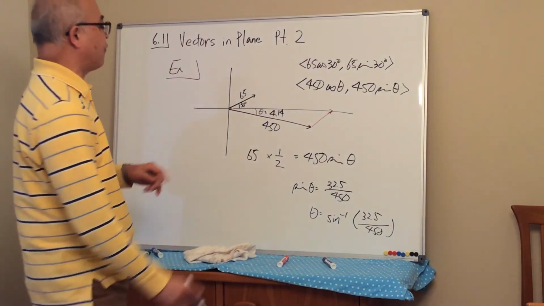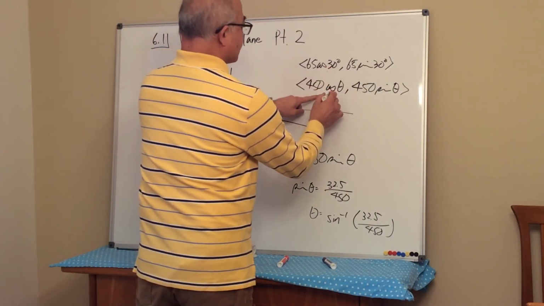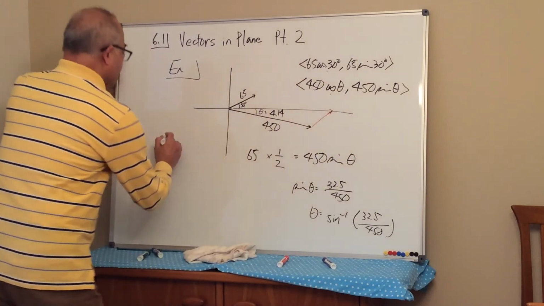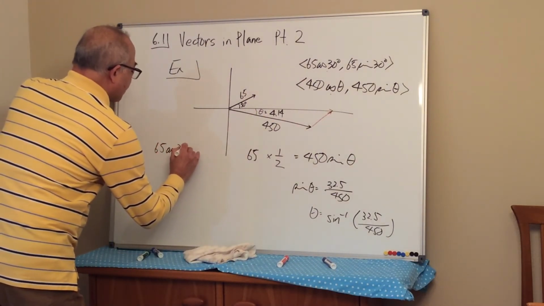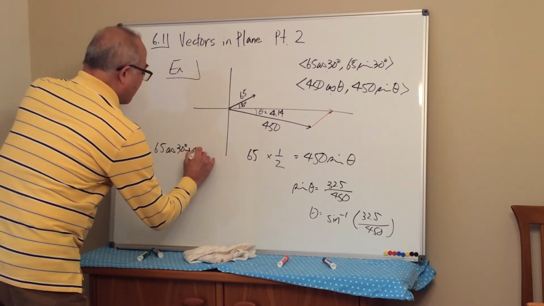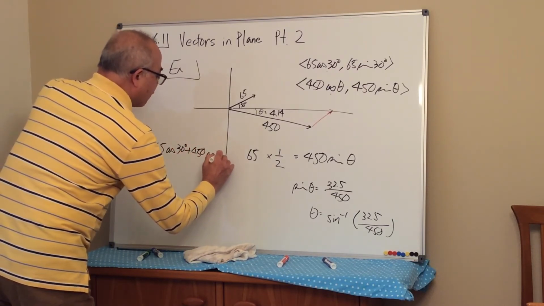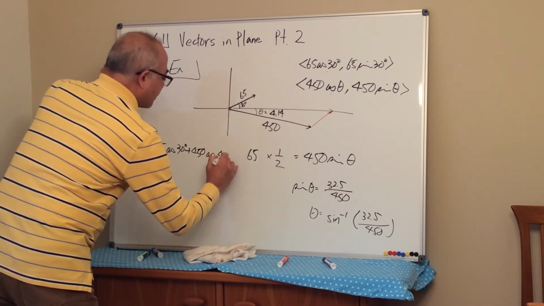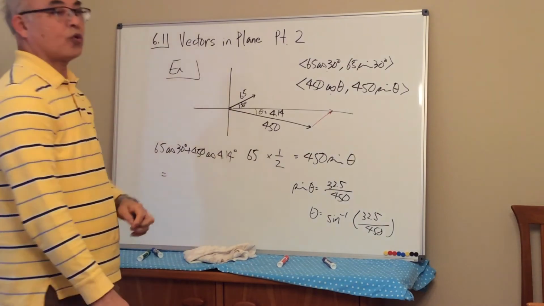The speed itself is from here to here, so I'm going to add this guy plus this guy. So the ground speed is going to be 65 cosine 30 plus 450 cosine 4.14. And that would be my total ground speed.